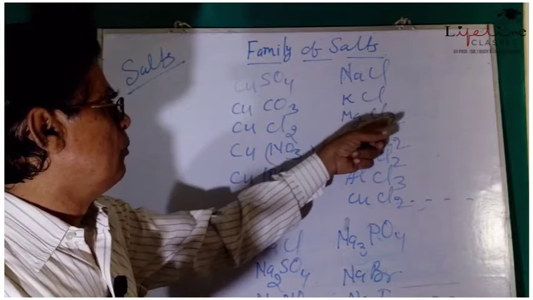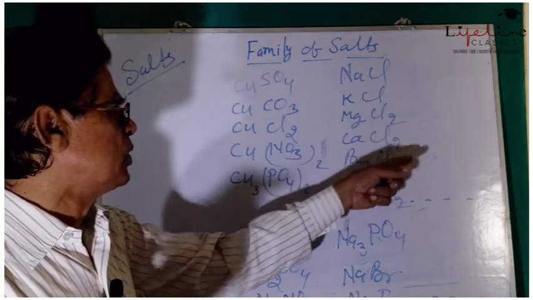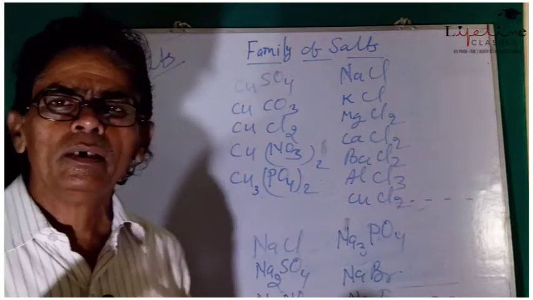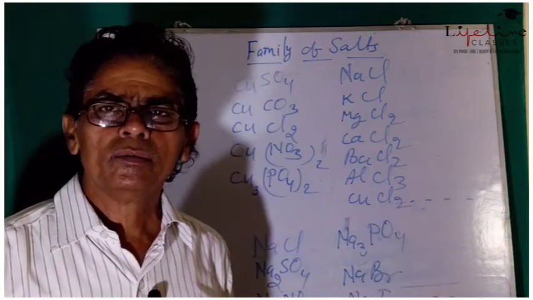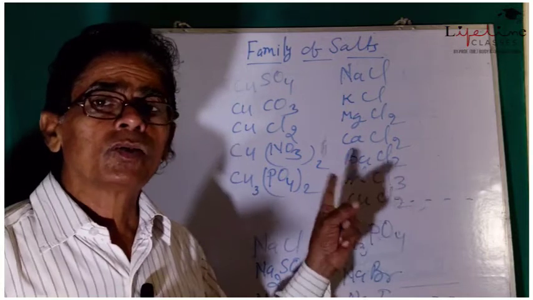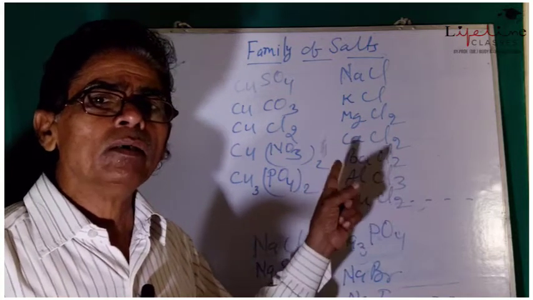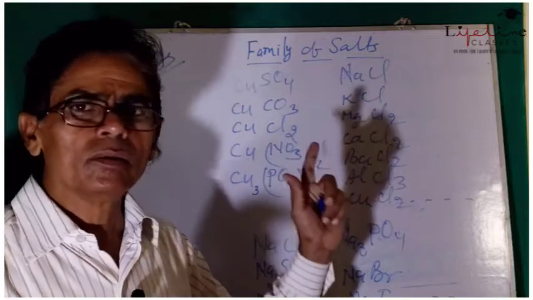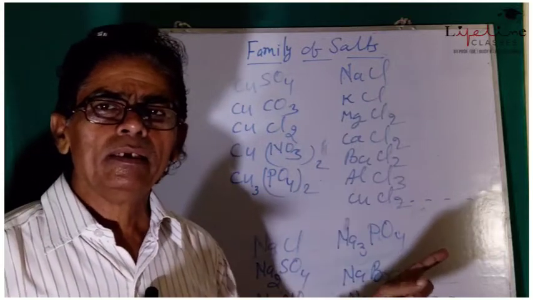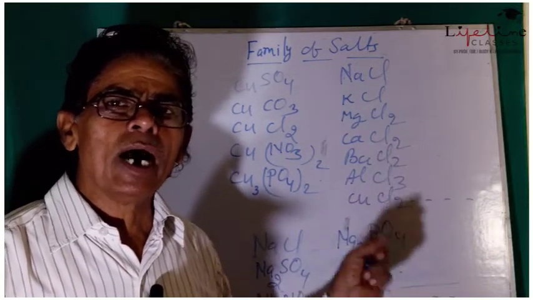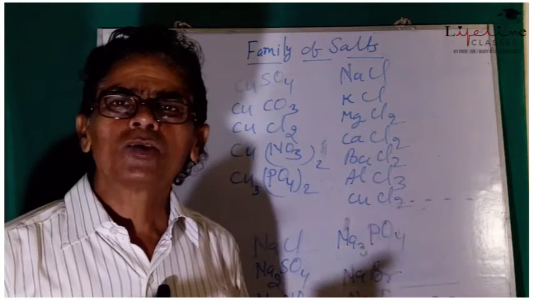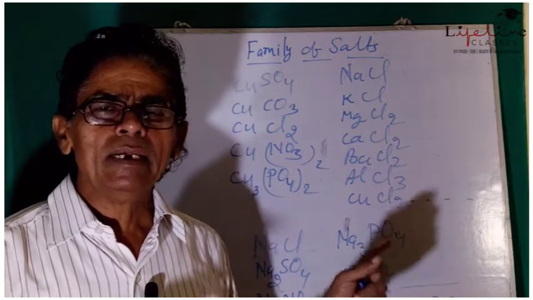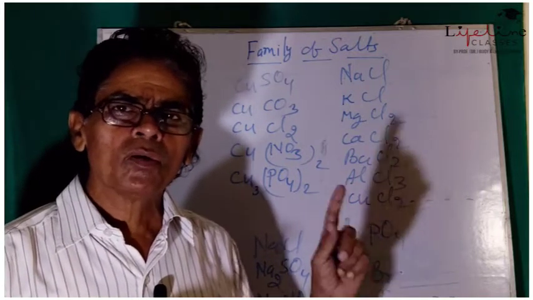These are the different salts having the same common anion, that is chloride anion. So we may say that these are the salts of the chloride family.